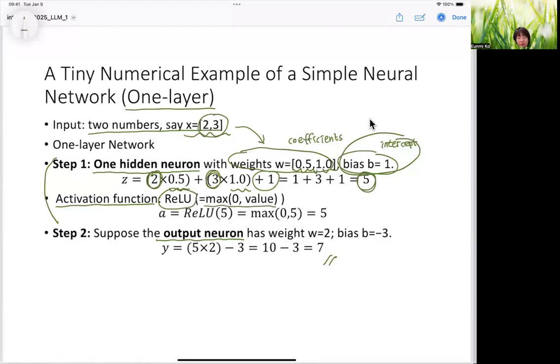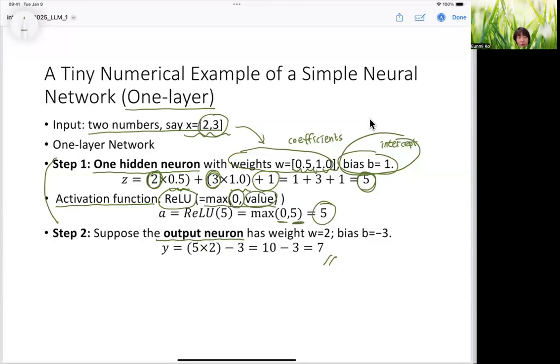The maximum function decides the value by comparing two numbers, especially 0 in this case, and the given value. Since the given value is 5, if we compare it with 0, then 5 is greater. So we take 5 at the end. So it's activated.